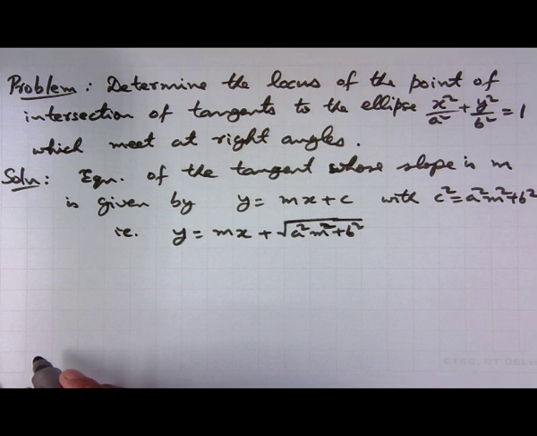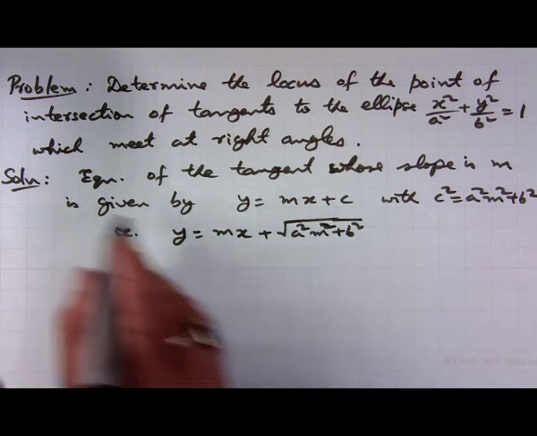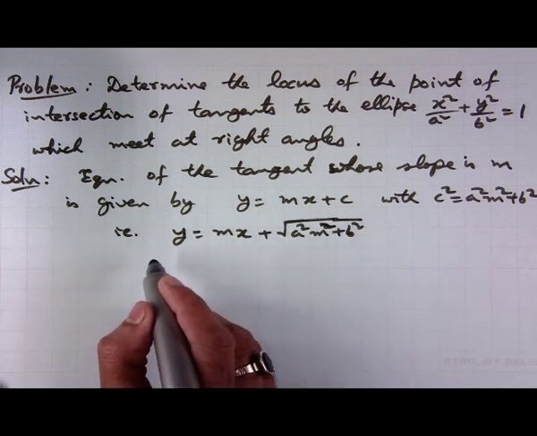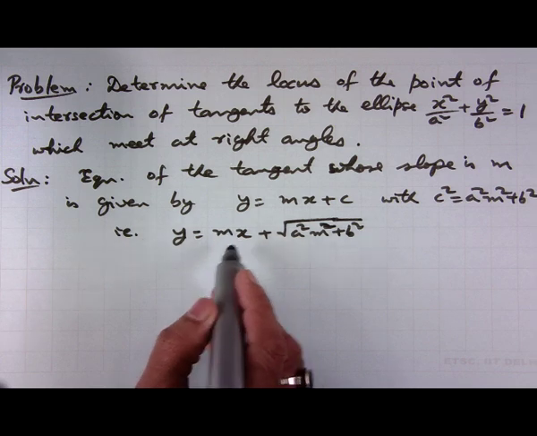Similarly, what is the equation of the tangent whose slope is minus 1 by m?